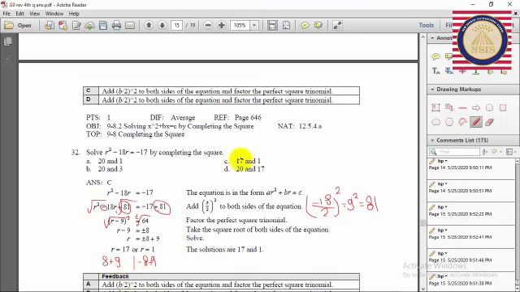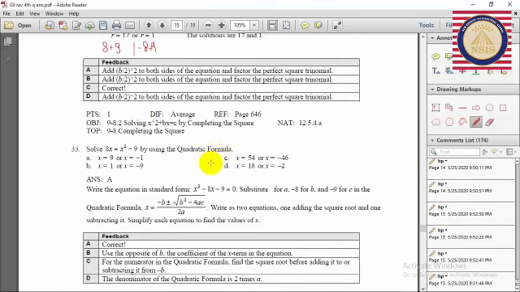Here, quadratic formula. Do you remember the quadratic formula? It's so important. I told you to study well. What is the quadratic formula? Negative b plus or minus square root of b power 2 minus 4ac, over 2a. Don't forget, so important formula.